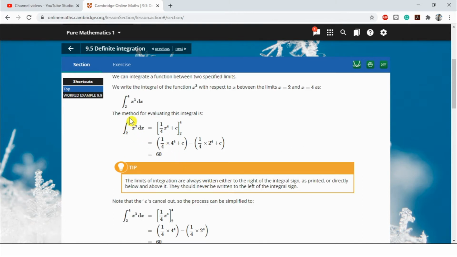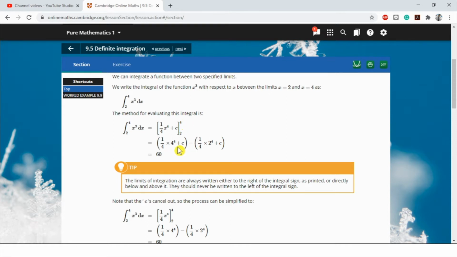After you write down the symbol of definite integration with the limits from 2 to 4, you just make a brace like this. The integration is still the same, 1/4 x to the 4th plus c, but you put the limits 2 to 4 on the right of this brace. Remember, the greatest number should be on the top, right?